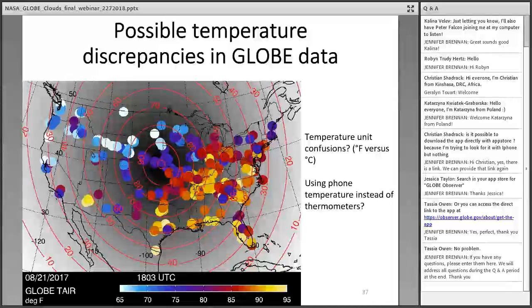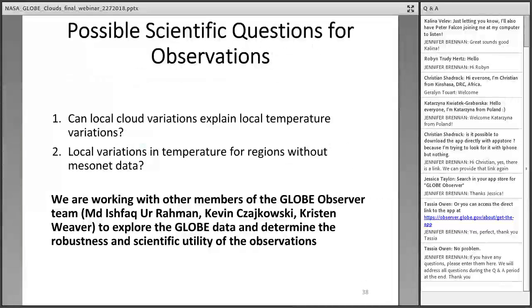So we're working on ways to clean up the data and remove those kinds of discrepancies. I don't have time to go into it in detail, but we're looking at ways to use National Weather Service data and local state mesonet data to help us identify these types of temperature discrepancies and clean up the data as a result.